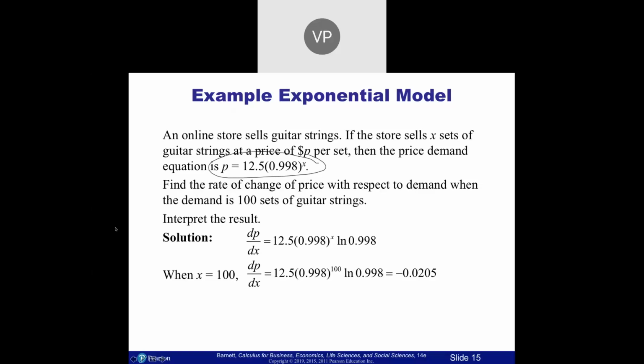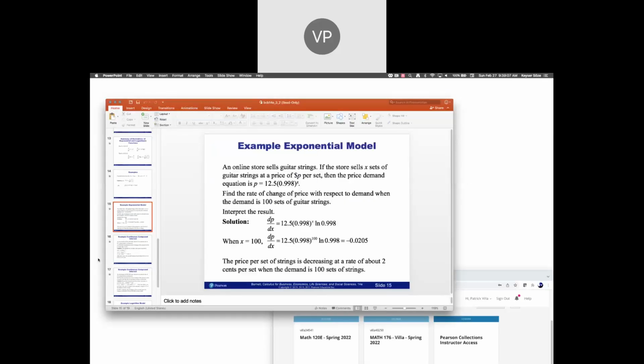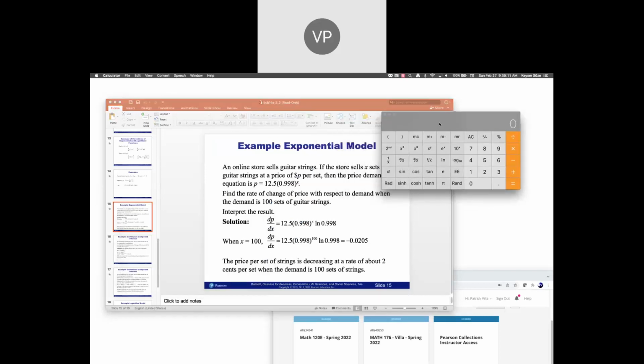Now, like always, we want to understand completely how to plug this into a calculator. Pull out the calculator and just make sure we see this. Now, I start with this. It doesn't make a difference which one you do. In this case, I'm going to find the 0.998 to the 100th power. So we talked about this before too. Here's your power button. I hit the 100, and then I multiply that by 12.5.